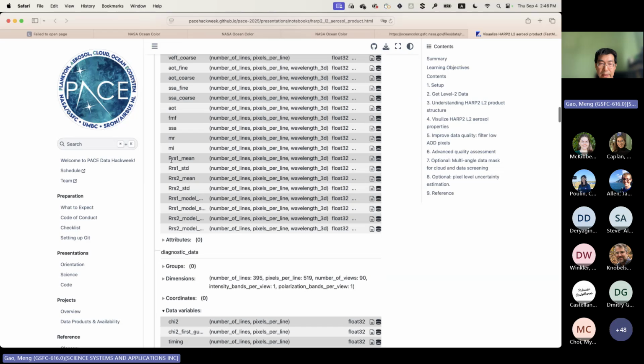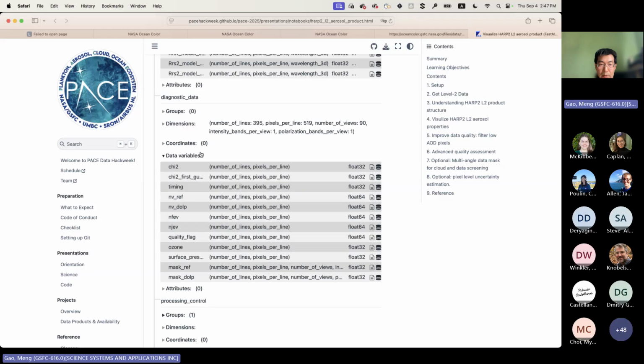One thing I want to mention is that we also have the remote sensing reflectance. In this case, we have the mean value and the standard deviation because of the angular variability. In the newest data product since July, we actually include the full angular distribution of Rrs, so you will see them there.